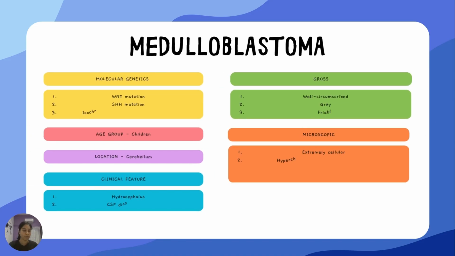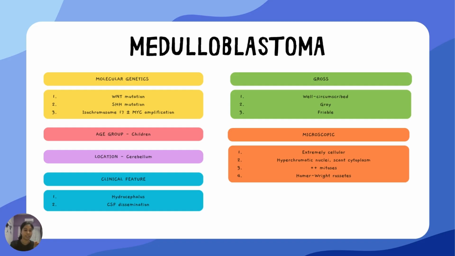And for the medulloblastoma, again, the molecular genetics involved is WNT mutation and SHH mutation, and also you have isochromosome 17 with and without MYC implication. People commonly affected by this medulloblastoma are children, and the location is your cerebellum. For the clinical features, it is hydrocephalus and also CSF dissemination.